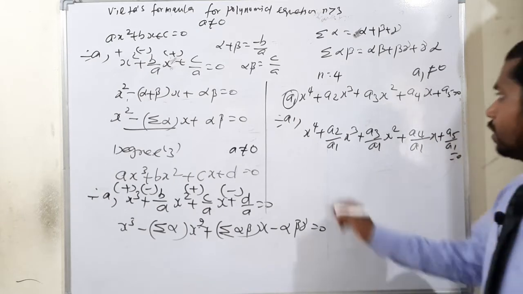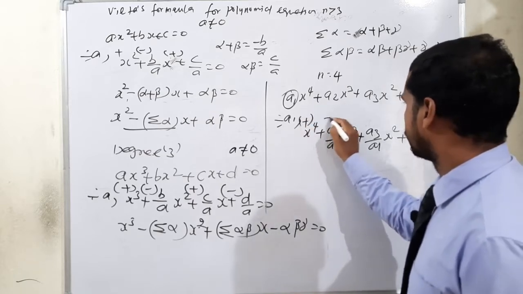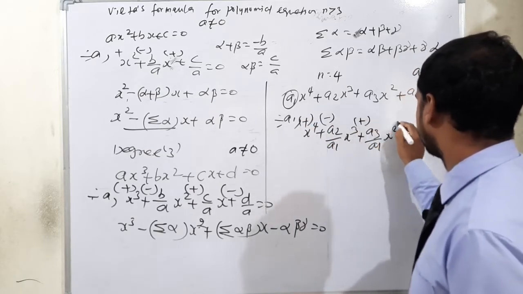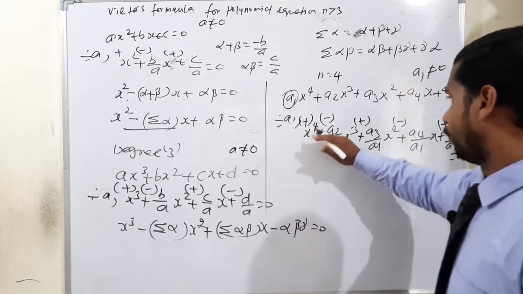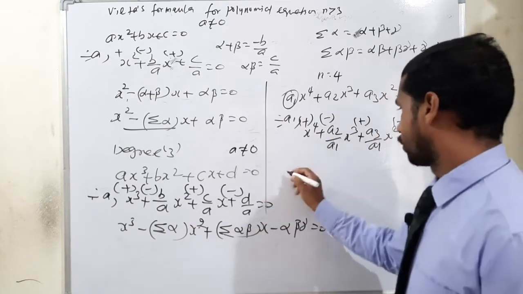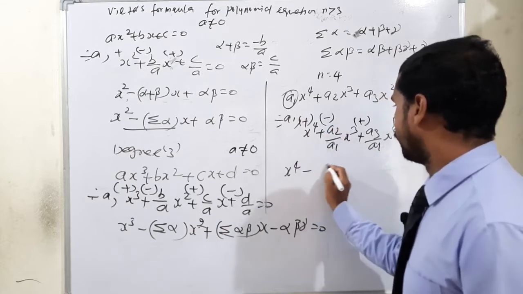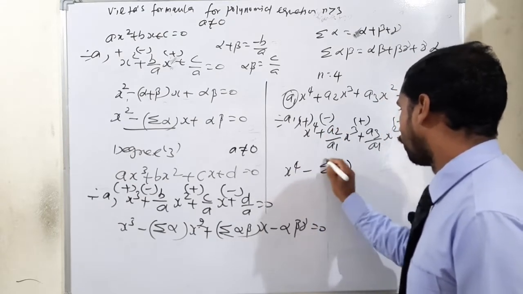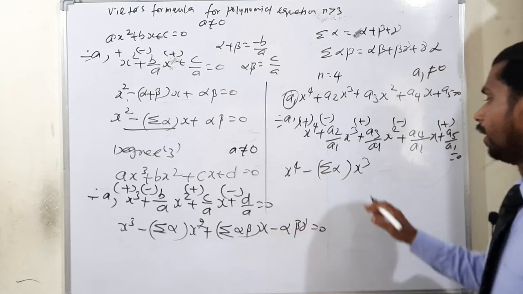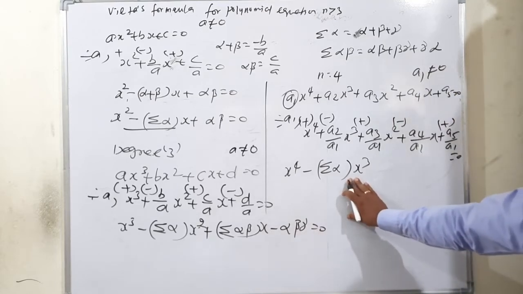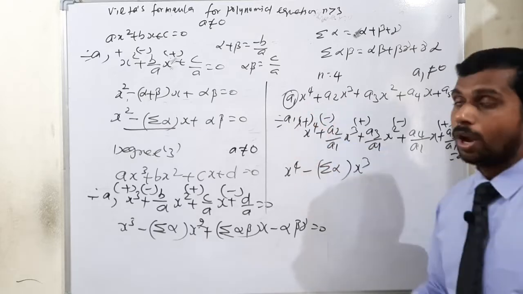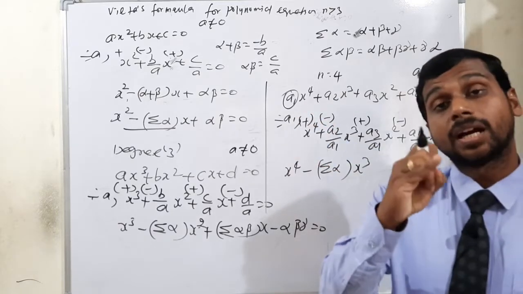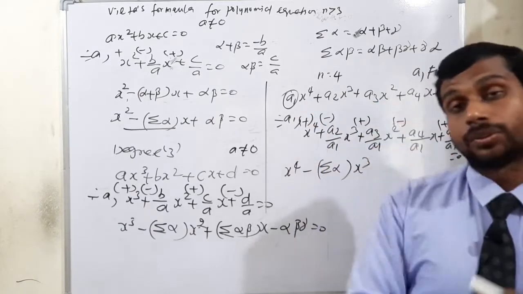is equal to 0. The signs start with plus, minus, plus, minus, again plus. If you write it with the summation of the parts, first x to the power 4, minus summation of alpha, that is the sum of the roots taken one at a time. For degree 4 it means alpha, beta, gamma, delta also will be added.